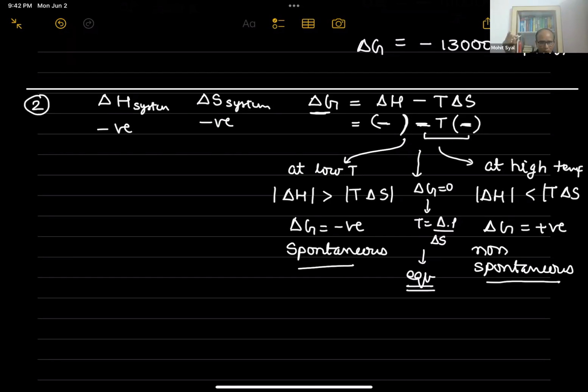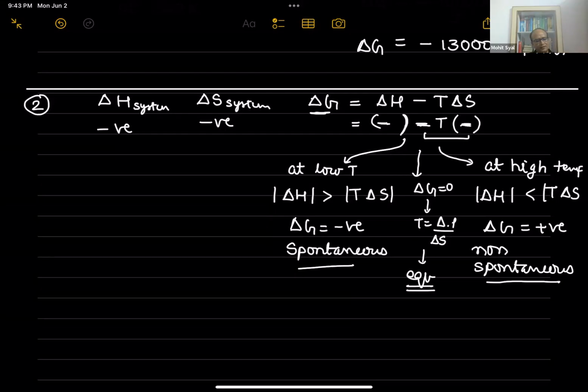Spontaneous means it can move forward. Non-spontaneous means it will not move forward; it may move backward. Equilibrium means it is neither going to go forward nor backward. It is going to move in both directions with equal speeds. That is the condition for equilibrium. Is it clear or not?